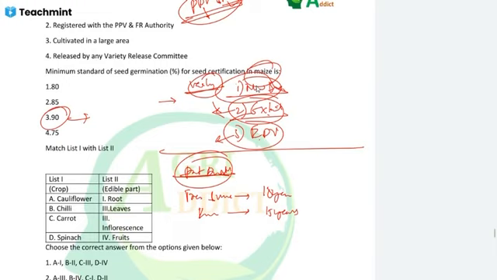And what is the lowest in the crops? The lowest can be anything if you consider all types of plants. But what about the crops that we cultivate? Its lowest is 60%. In which crop? Cotton. Cotton is 60 or 65.